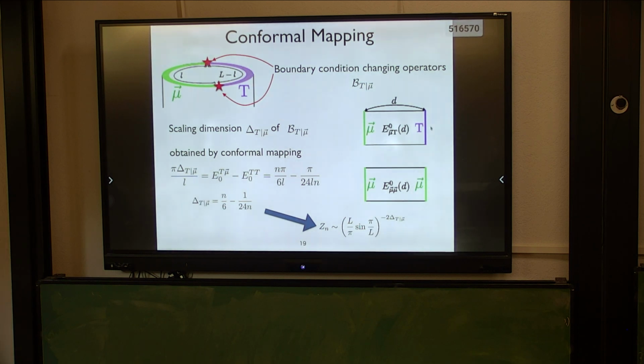And finally, the boundary function can be given as a power law. This power exponent is given by this scaling dimension.